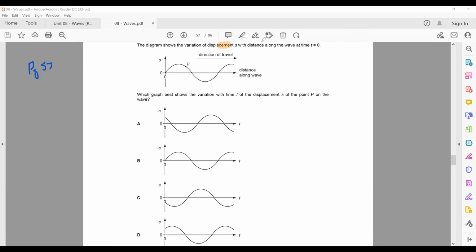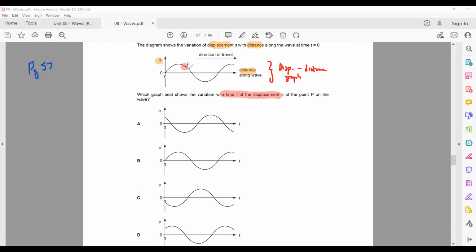They want you to look at point P and then ask you to plot a displacement time graph.